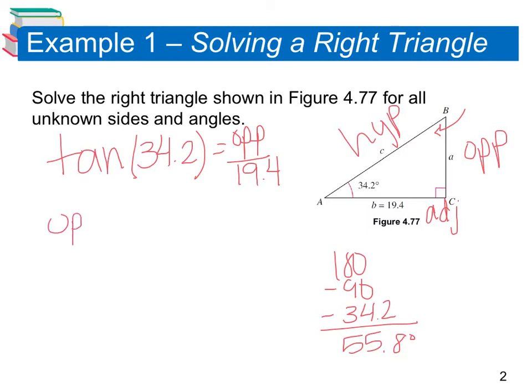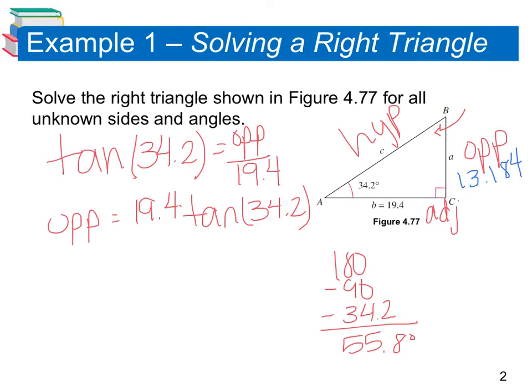Solving for opposite, I'm sorry, opposite is going to be 19.4 times the tangent of 34.2. Make sure your calculator is in degrees when you are punching this in. So that makes my opposite side come out to be 13.184. Do not round on anything until you get to the very end, and then round to 3 places.